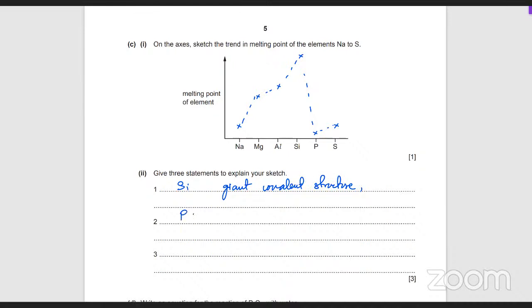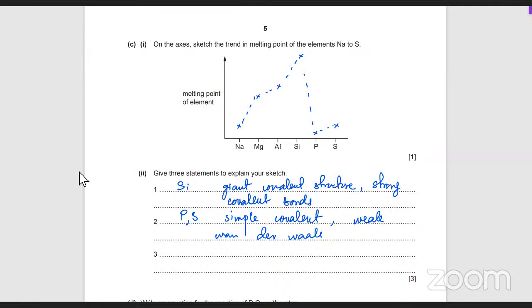Phosphorus and sulfur: tell them that they're simple covalent with weak intermolecular forces, weak van der Waals forces. The third one is you can talk about the metallic bonds, Na, Mg, Al.